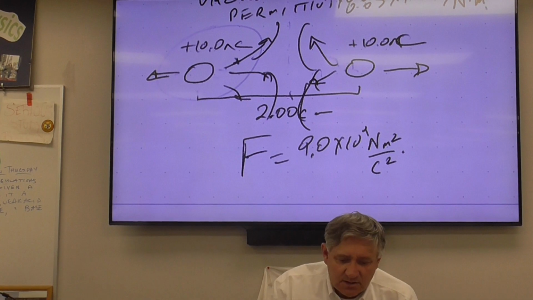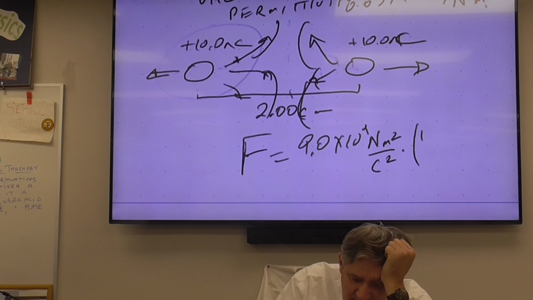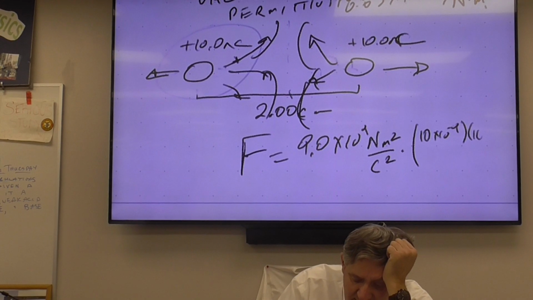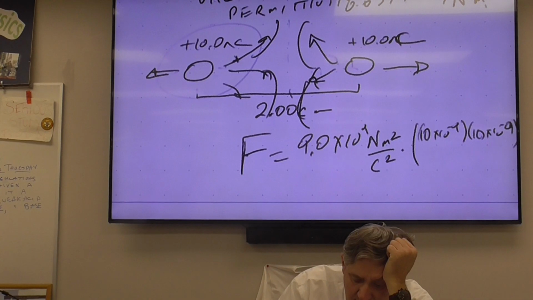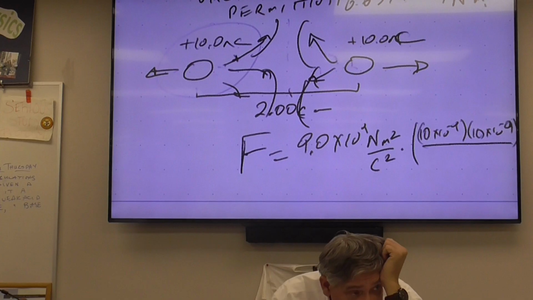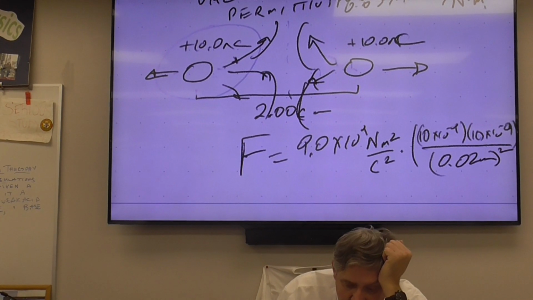Negative 9. So you could write that as 10 times 10 to the negative 9th, times 10 times 10 to the negative 9th. And then you've got the 2 centimeters, which is how many meters? 0.02, and that's going to get squared.